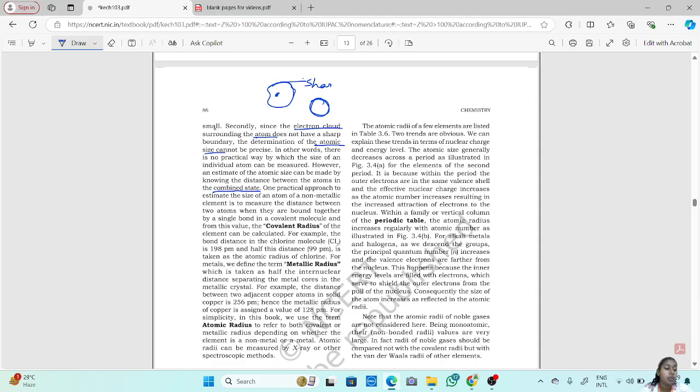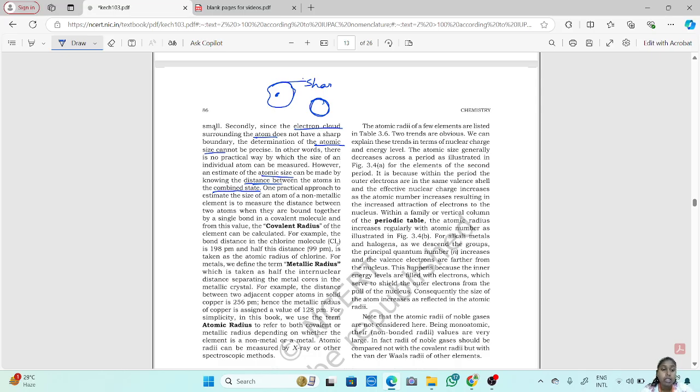It's not like you are telling this is the size of the atom. It's just an estimation. This can be the size of the atom. So if they are combined, by knowing the distance between the two atoms, you can estimate its atomic size.